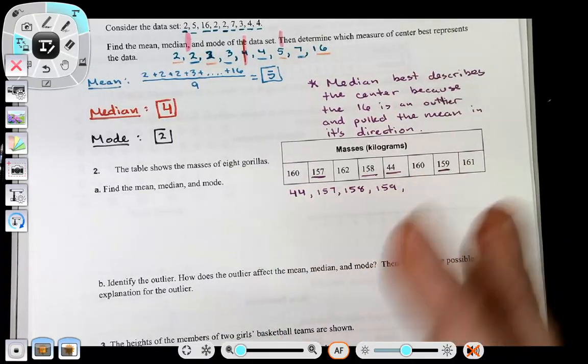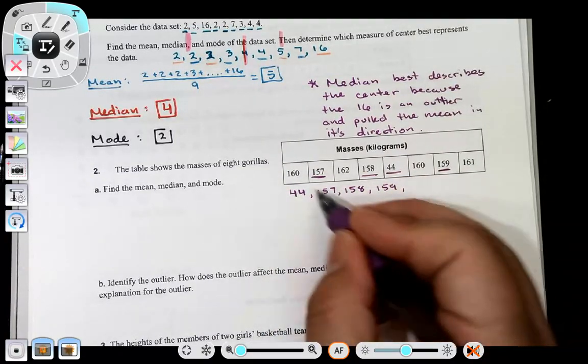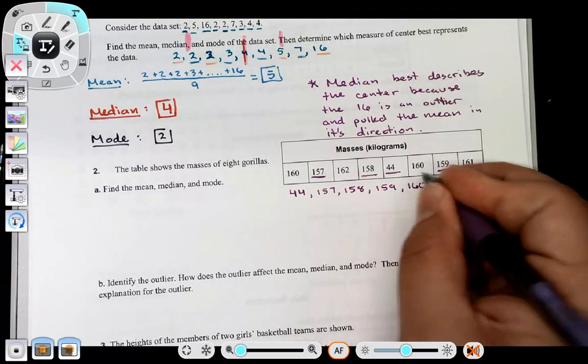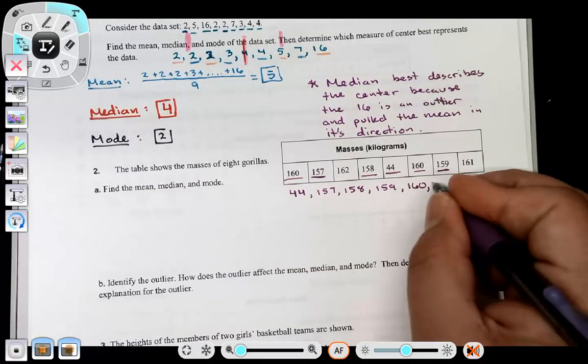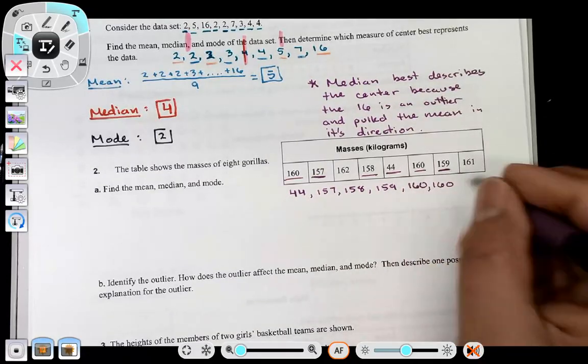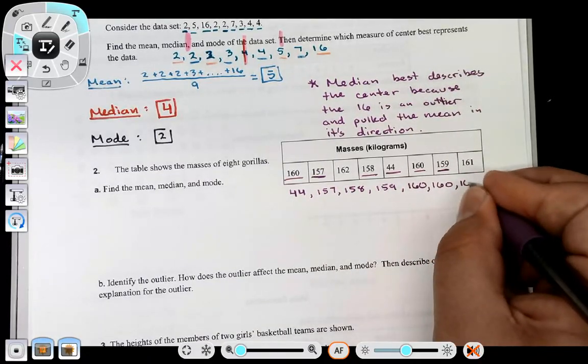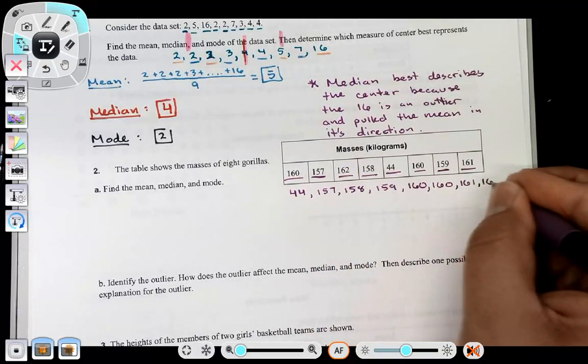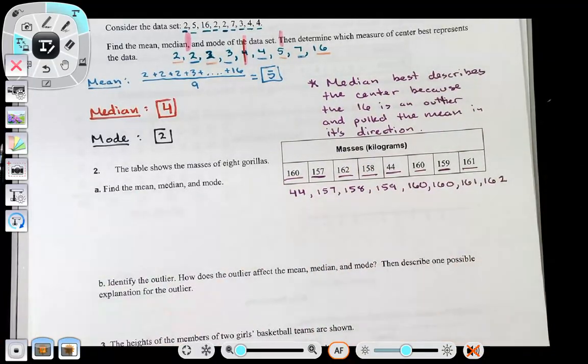Remember, underline them, do something so you don't forget that you already used it. What's next after that? 160, and it looks like they used that one twice. So twice. And then 161. Once you do the underlining, it does get easier because your eyes know to just look at what isn't underlined. All right, so there's my list of numbers.